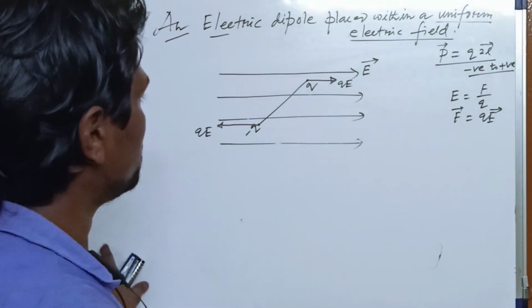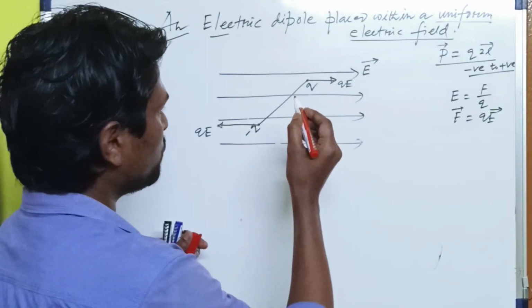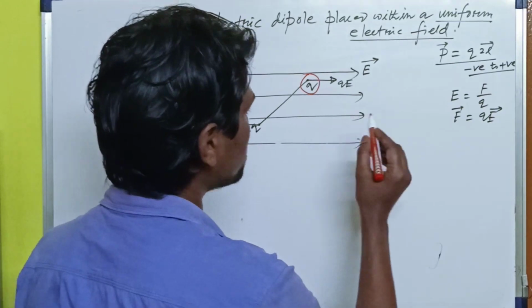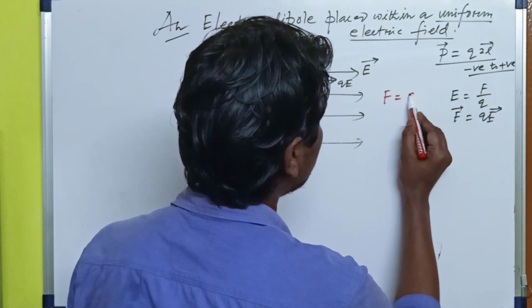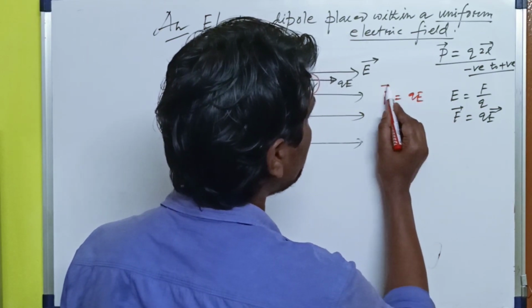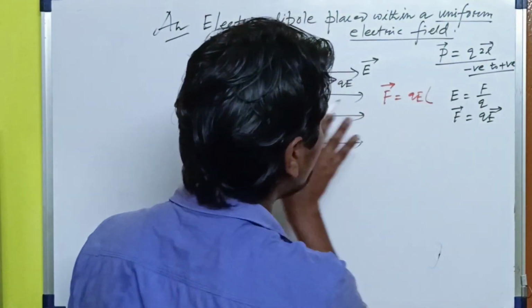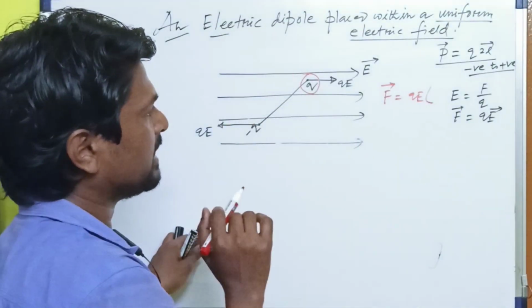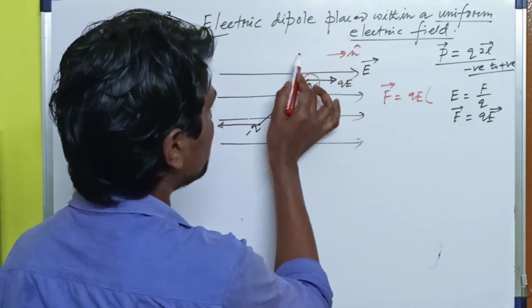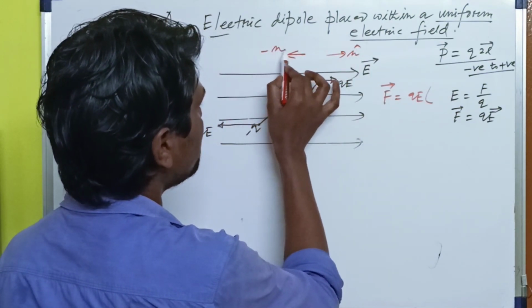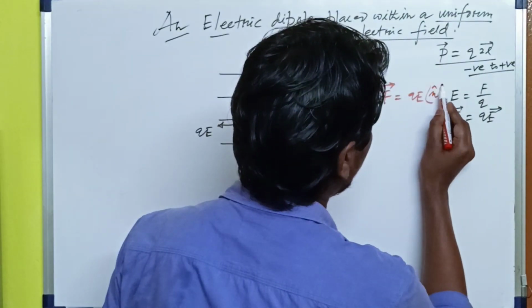So students, for the positive one, the electrostatic force is qE, and since it is a vector quantity, suppose this direction is along n cap, then that particular opposite direction is taken as minus n cap.